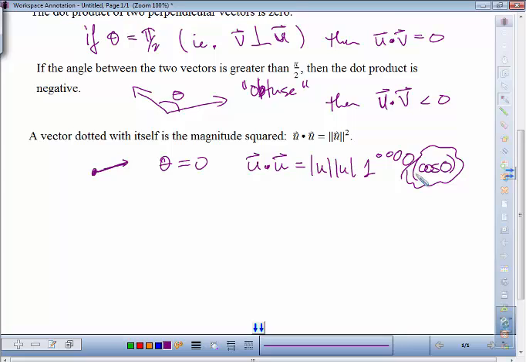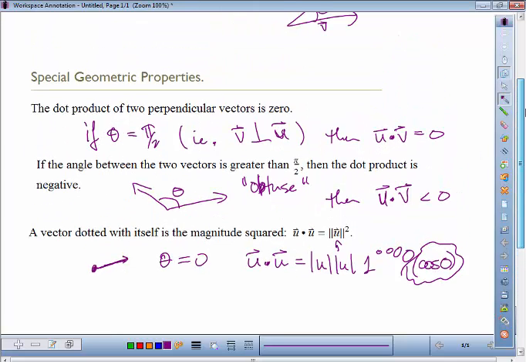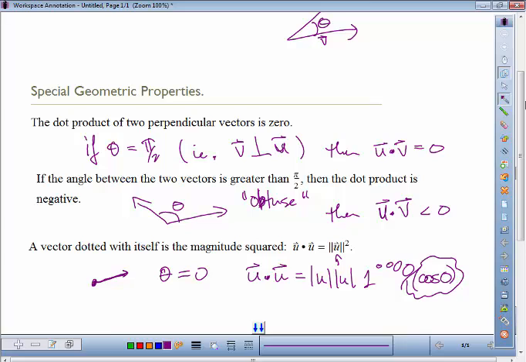So the dot product becomes the magnitude squared, which may not mean so much right now, but in terms of trying to prove things later on, it may come up as something handy. And we may refer back to this fact later. So those are the special cases for our dot product, and we're using a combination of the geometric definition and the algebraic definition.